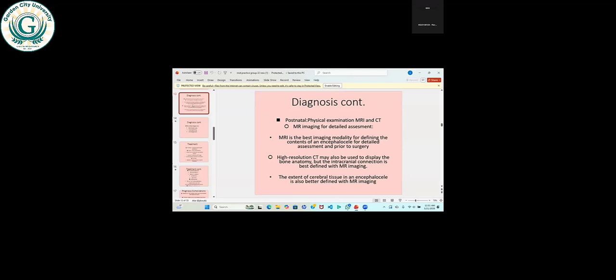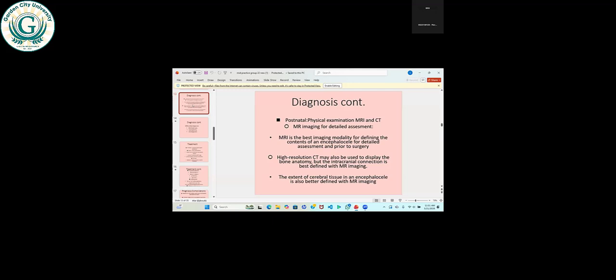Postnatally too, on physical examination, MRI and CT imaging should be done for detailed assessment. MRI is the best imaging modality for defining the contents of the encephalocele.